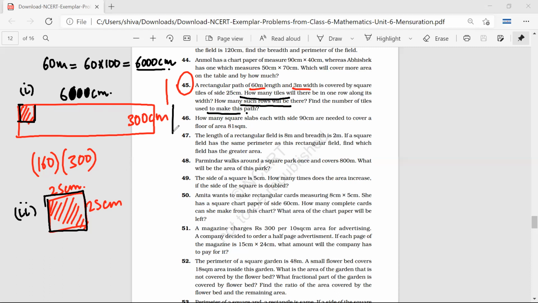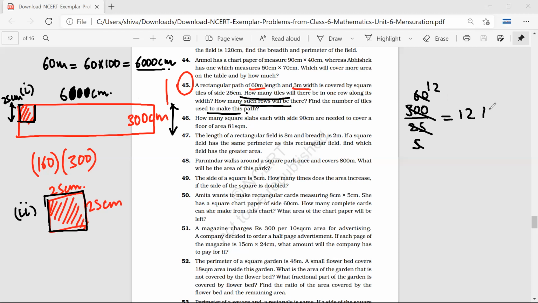So this is my width, and how many tiles would be there. So this is 25 and this is 300. So 300 divided by 25. So 5 5 the 25, 5 6 the 0, 5 1 the 2 the.